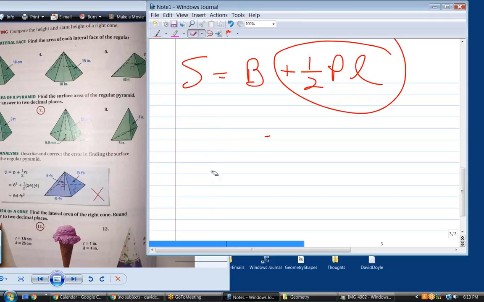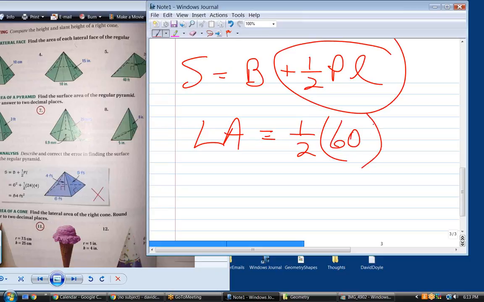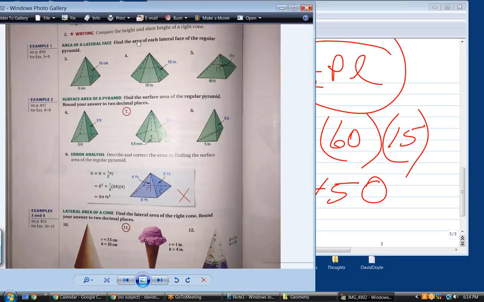And let's call that L, because that's not really surface area. That's lateral area equals 1/2. What's the perimeter here? 60. Lambda is 15. So 30 times 15 is 450 square inches. But where'd the base go then? We didn't use it. Notice the instructions. Find the area of each lateral face.